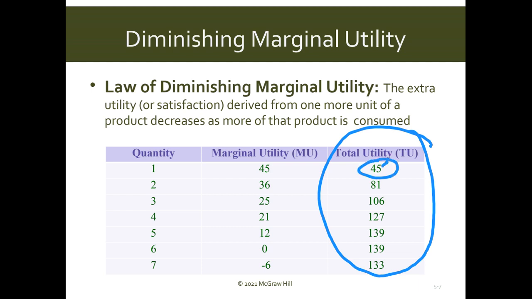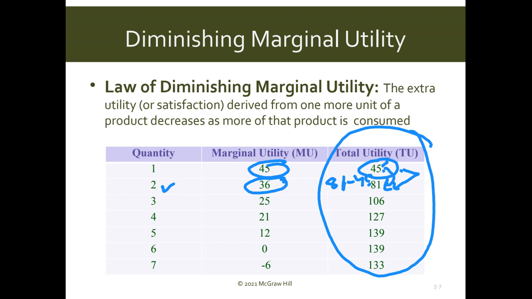When I eat the second strawberry, I know the total utility is 81. So what is the change? That is 81 minus 45, which gives me 36. So for the second unit it is 36. That is, the increase in total utility is only 36.